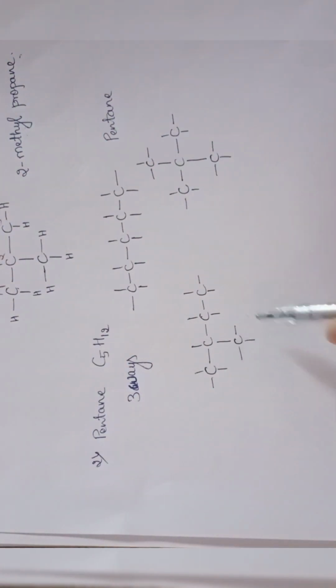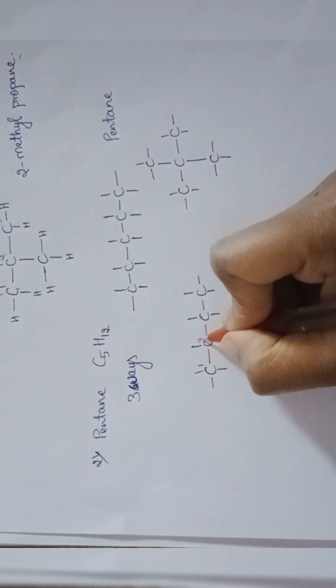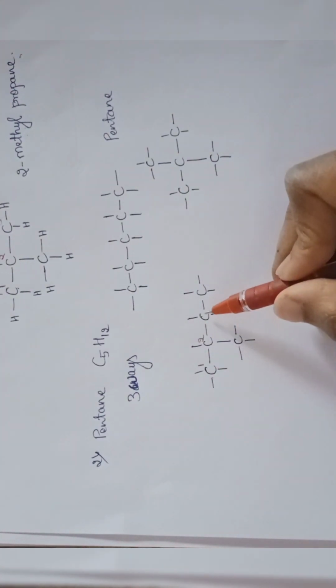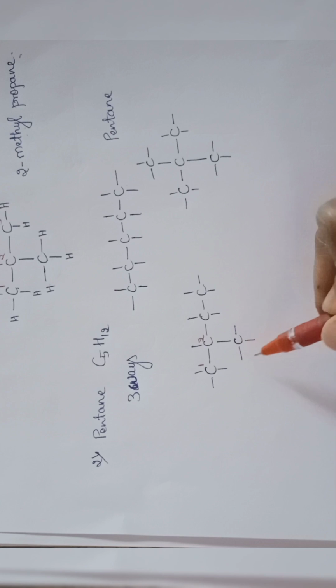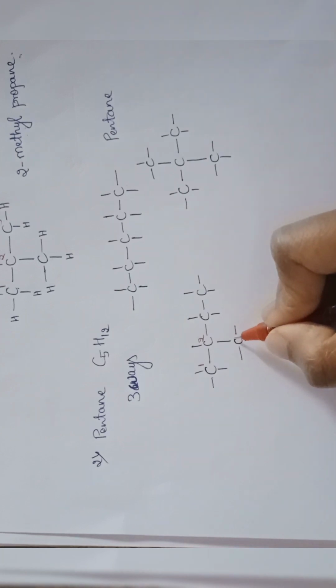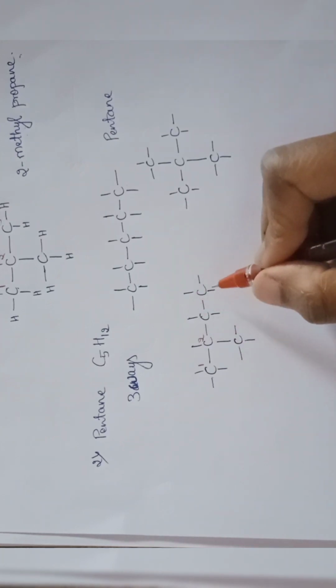This is called pentane. In this structure, we will number this 1, 2. Now, if we give 2, 3 to this, then 3, 4. Then this will be the substituent. If we take 3 to this, then this will be the branch.